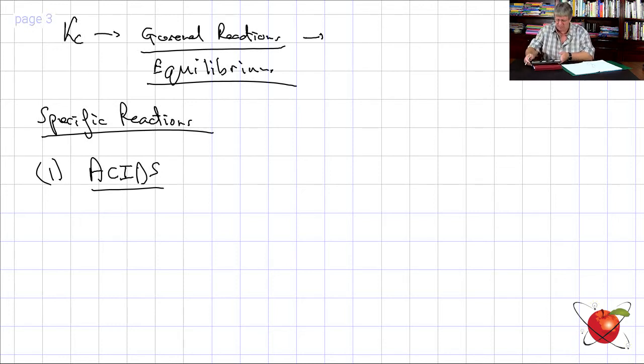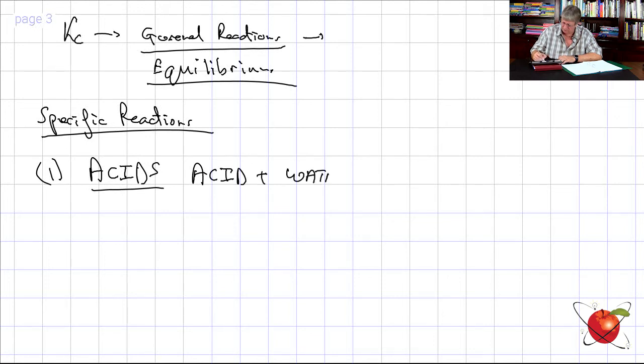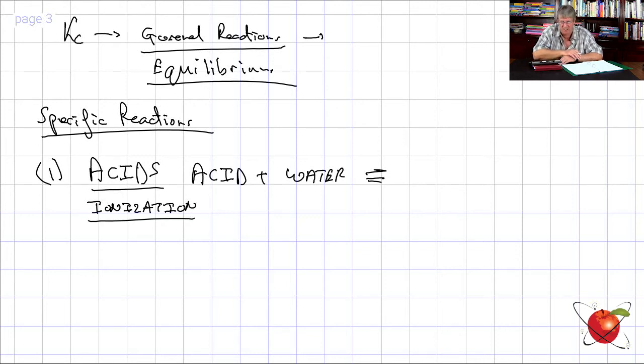What happens when I put an acid plus water? The process that occurs is the process of ionization, correct? The acid ionizes in the water. Ionize means it breaks up into its ions.